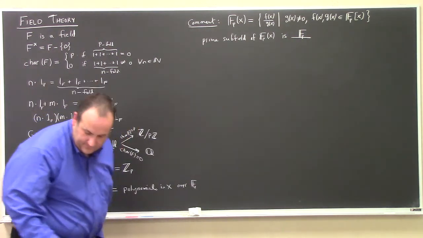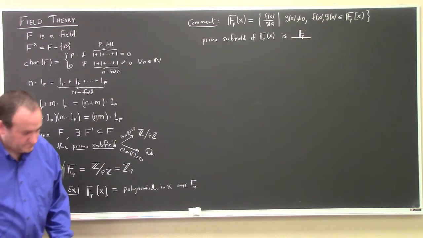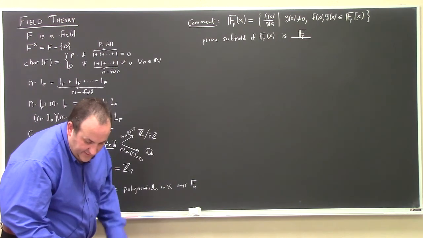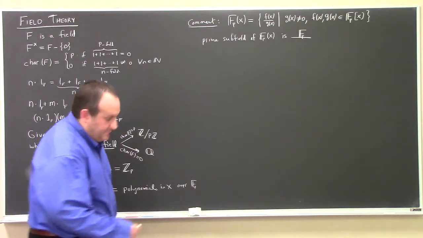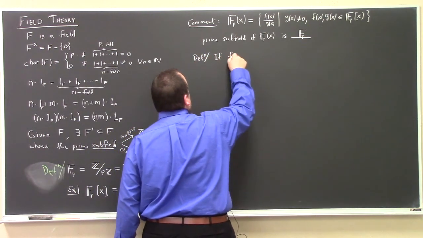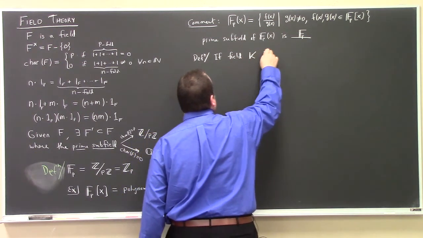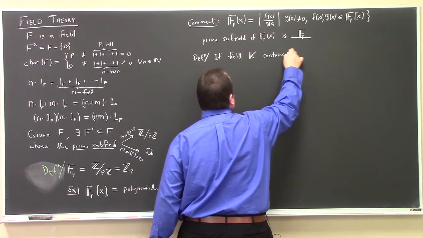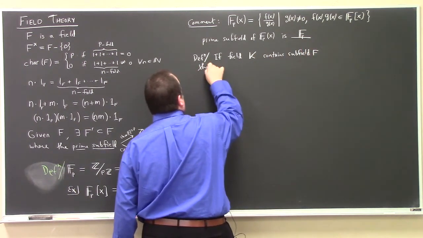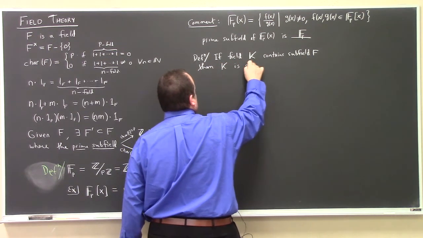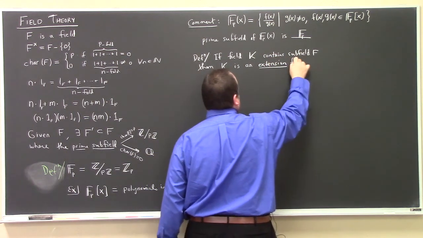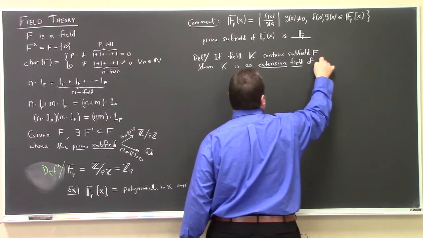Okay, so moving along here. Definition. If you have a field F, and a field K containing the subfield F, then K is said to be an extension field. If field K contains subfield F, then K is an extension field of F, right?